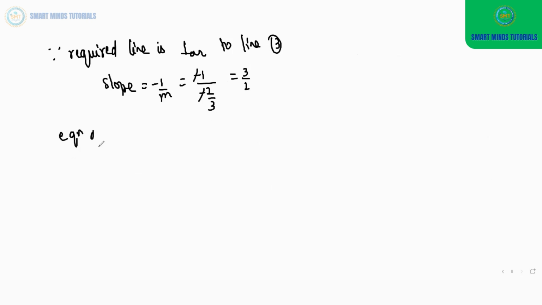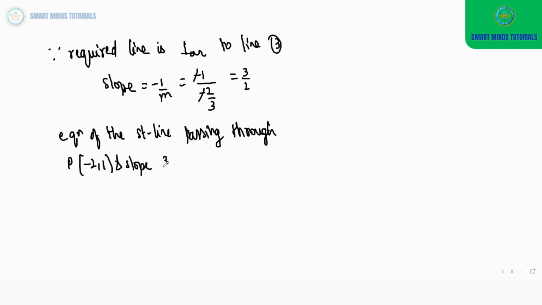So what is the equation of the straight line? The equation of the straight line passing through the point minus 2, 1 and slope 3 by 2 is, we use the one point form here. y minus y1 is equal to m into x minus x1.